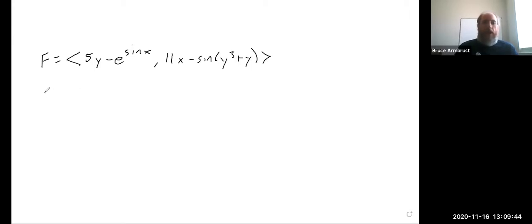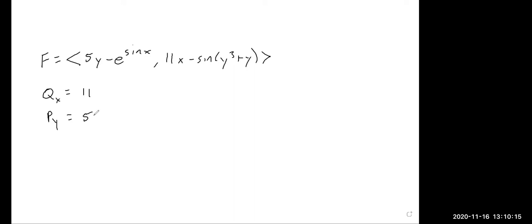All right, so for Green's theorem, we're going to want to look at Q_x and P_y. So Q_x, the derivative of the second one with respect to x, is 11. And P_y, the derivative of the first one with respect to y, is 5. I would have wanted to do this anyway, even if I wasn't thinking Green's theorem, because if those were equal, I'd be done. What would the answer be if these were equal? 0.